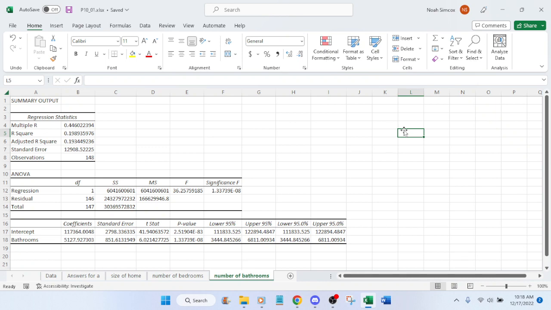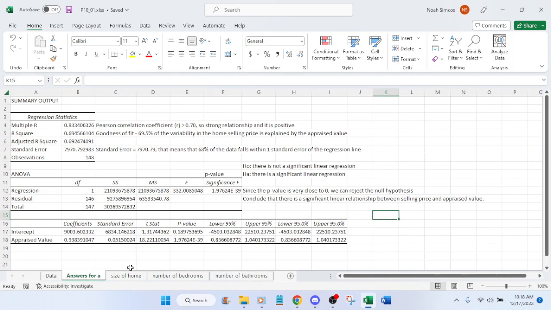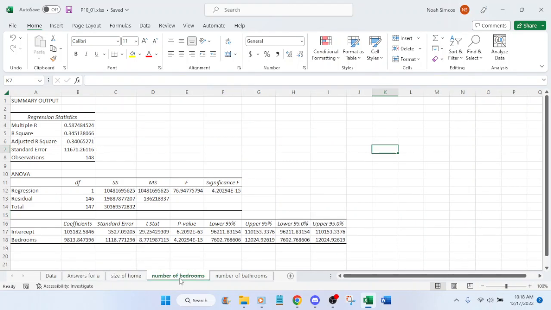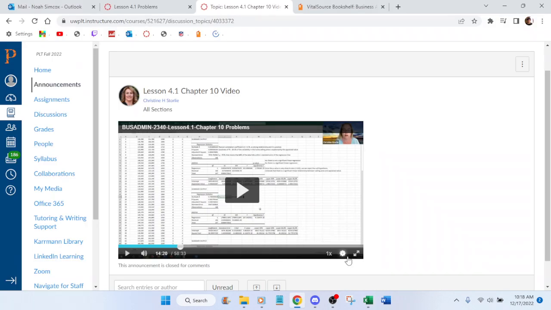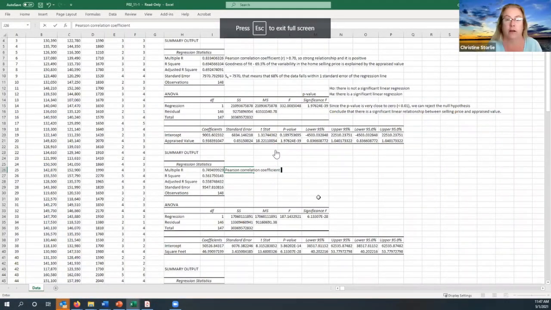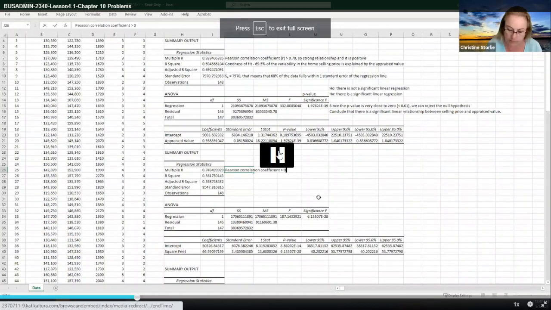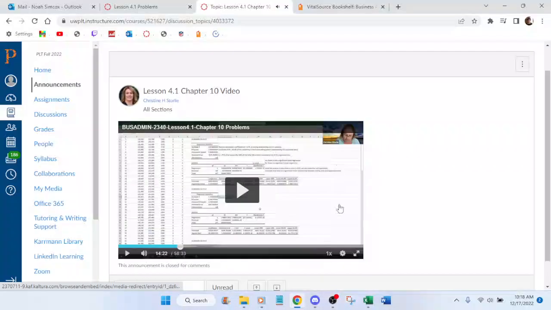We ended up with numbers and numbers and numbers. The Pearson correlation coefficient is more than 0.7.